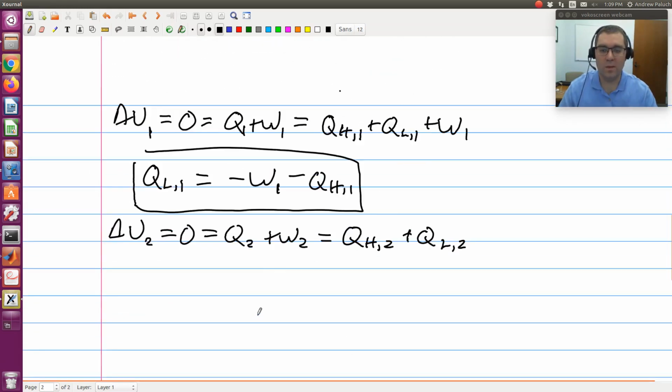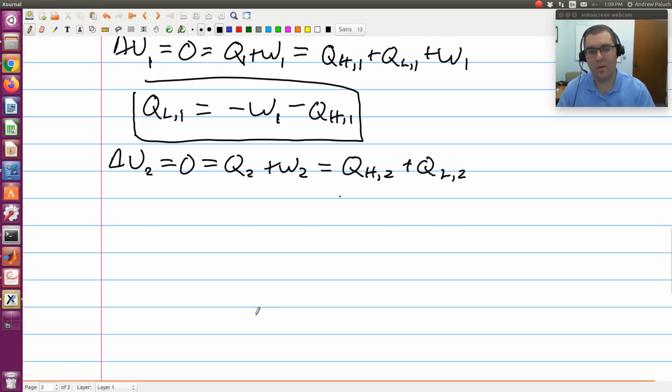To get my sign convention right, what's key is that W2 is going to be equal to negative W1, because cycle 1 is doing work on cycle 2, so it's a work input to cycle 2. So this will be a minus W1.